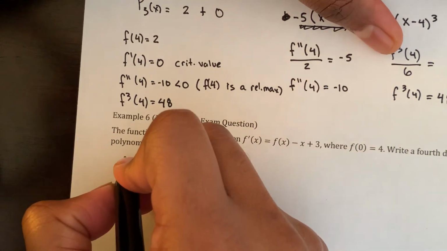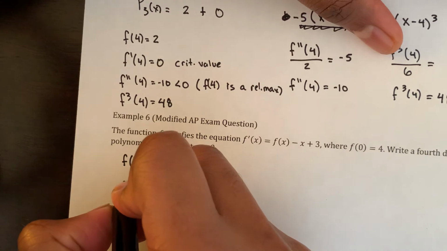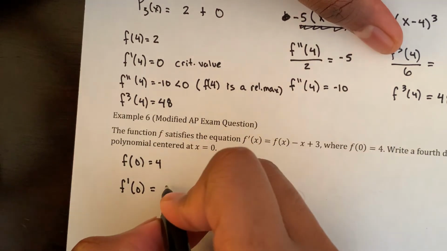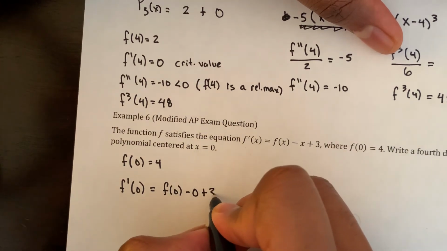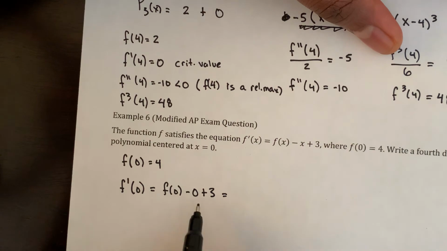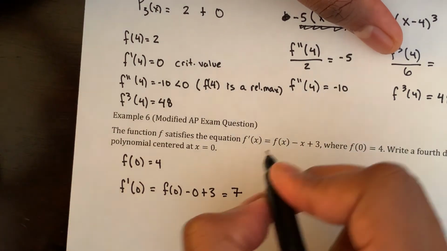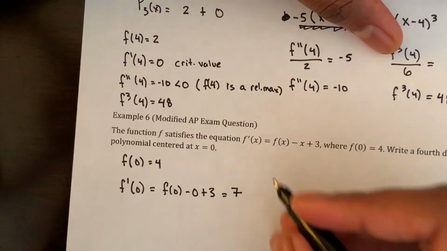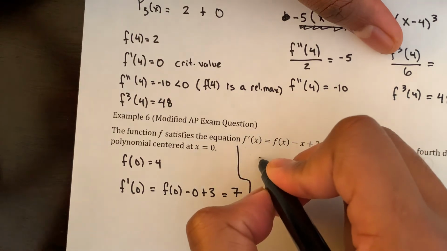So to write a fourth degree Taylor polynomial, we need 4 derivatives. Well, we already know f of 0 equals 4. So then f prime of 0 is going to equal f of 0 minus 0 plus 3, which is 4 minus 0 plus 3, which equals 7. And then we're going to use f prime of x to find the third derivative and the fourth derivative. So we'll carve out some room over here.